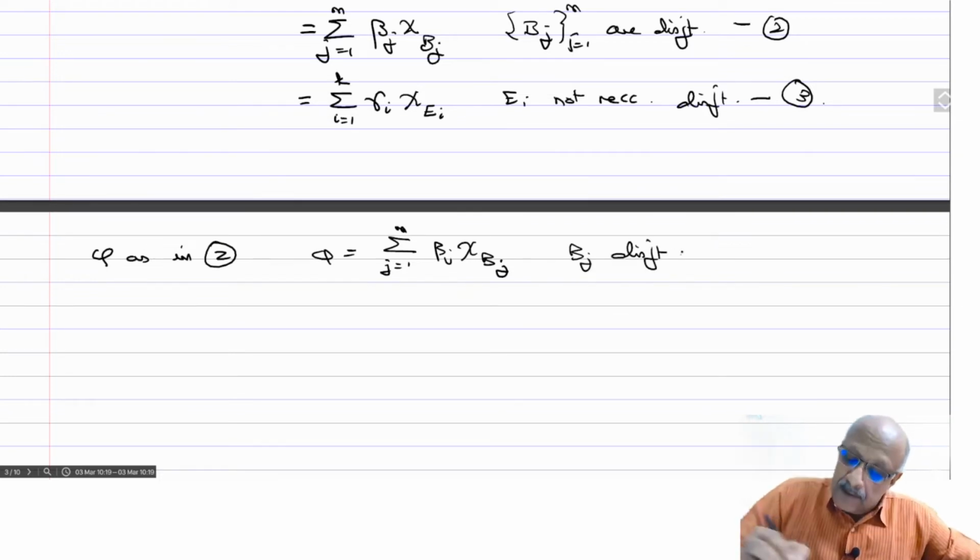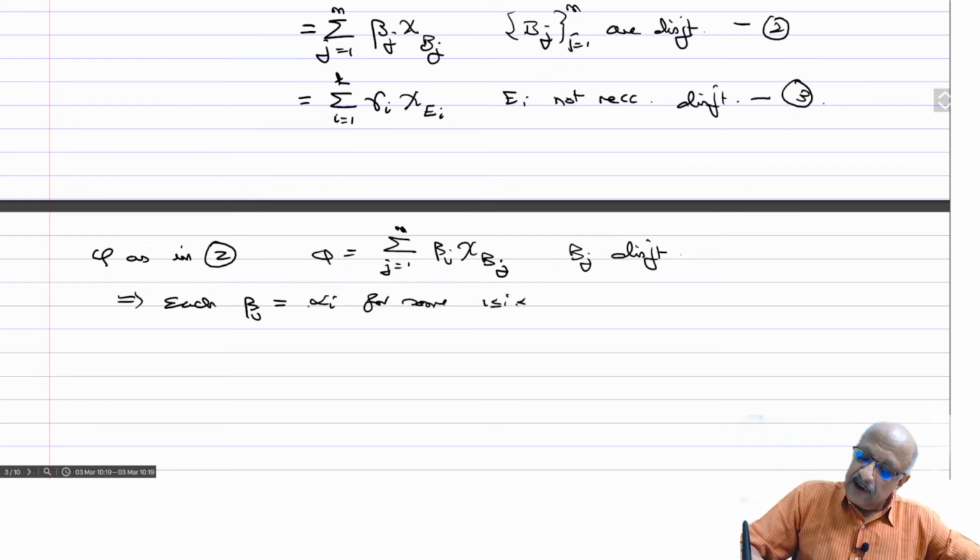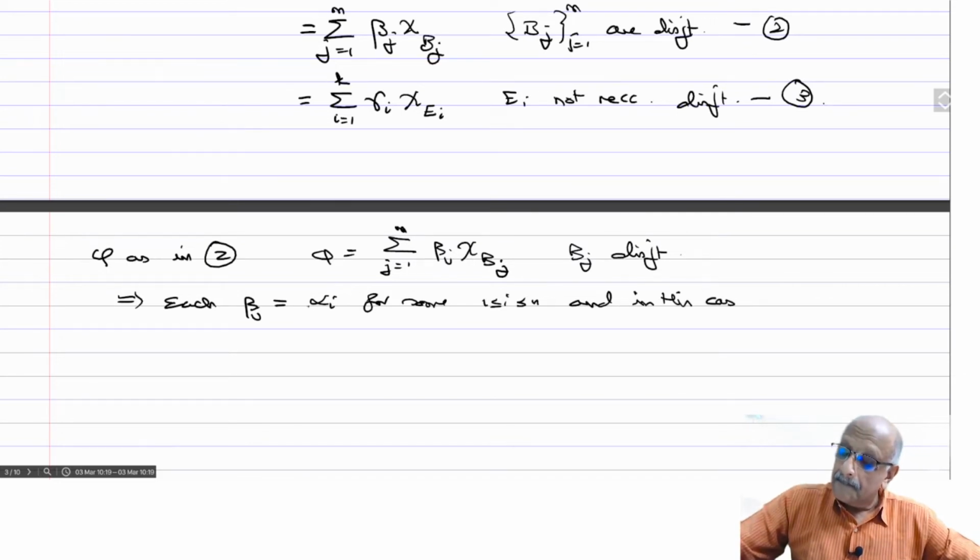Then each Bj equal to alpha i for some 1 less than or equal to i less than or equal to n, and in this case Bj will be contained in Ai.